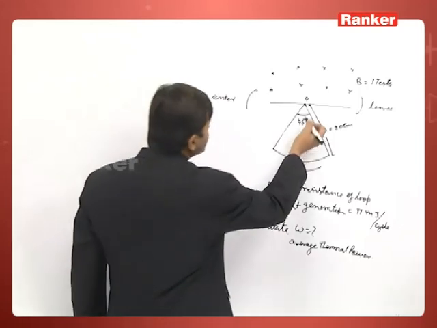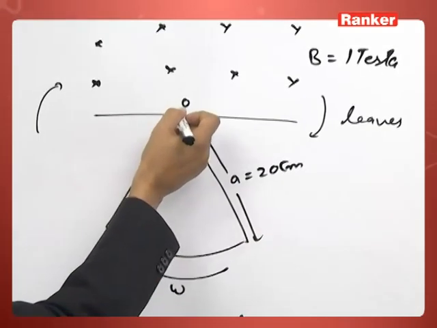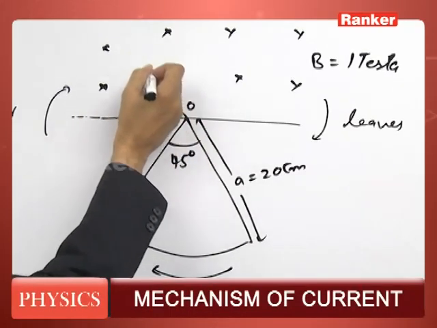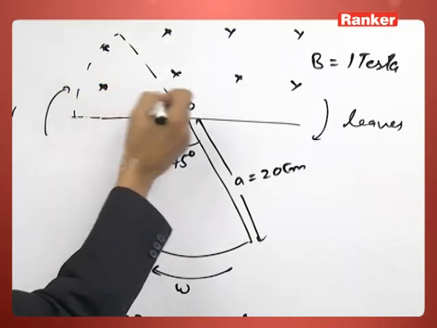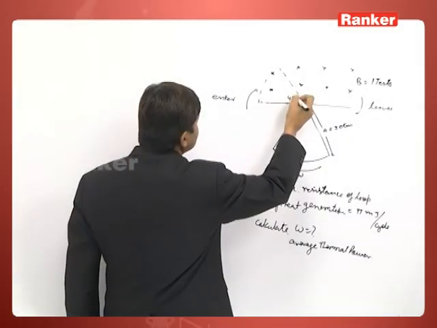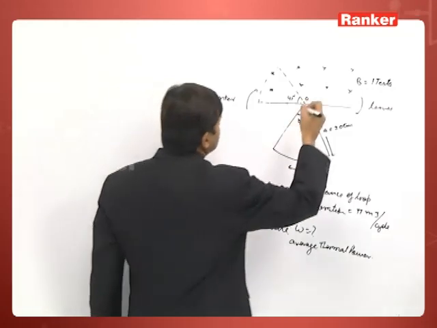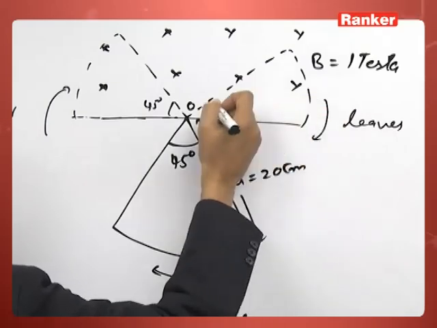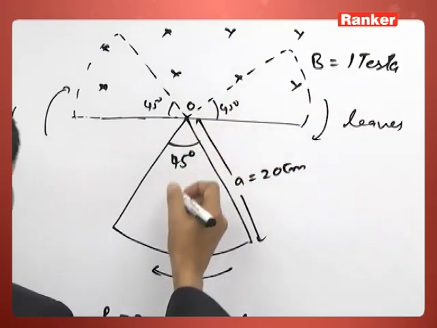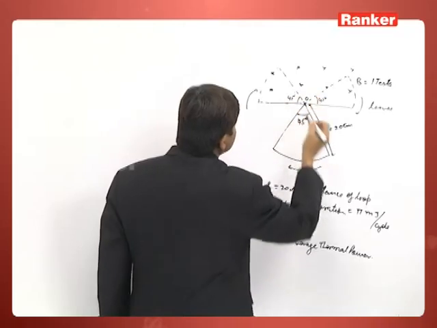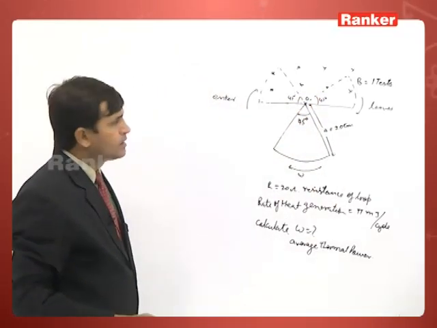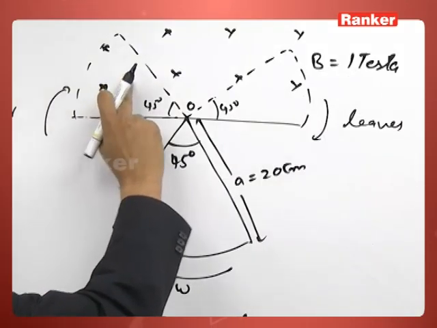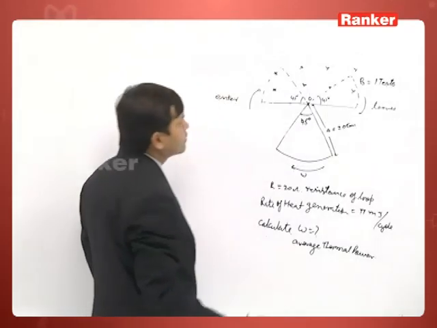As the total angle here is 45 degree, when the loop acquires this position, the generation of heat stops, because there is no change in the EMF. From here to here, there is no generation of heat. Only heat will generate when it is just about to enter completely and when it is just about to leave.